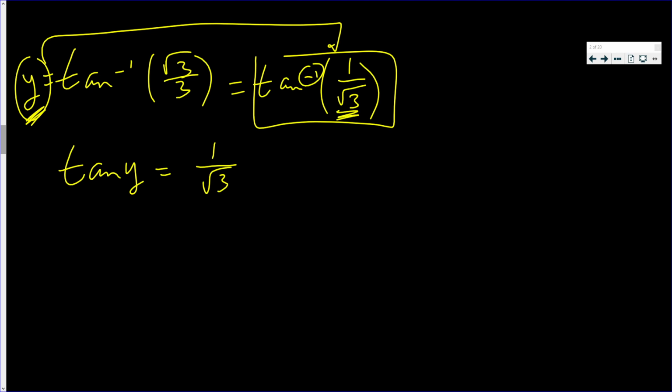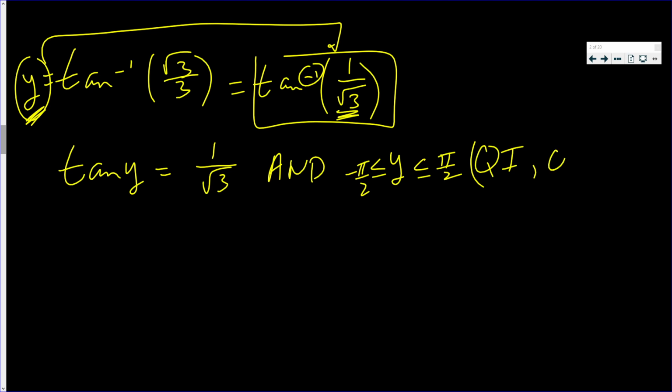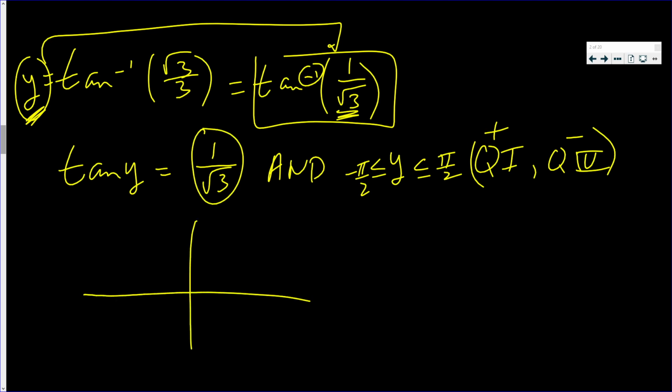And for tangent, y is in between negative pi over 2 and pi over 2, which means quadrant 1 and quadrant 4. Quadrant 1 is always positive, the other one is negative. Oh, we're positive. So we know we are in quadrant 1.